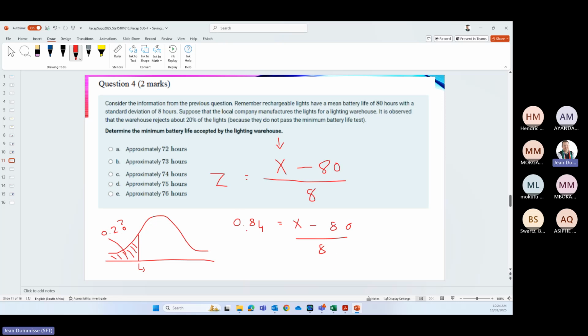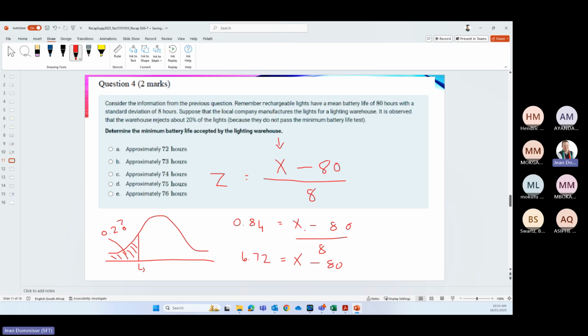We need to multiply that out by 8, so 0.84 times 8 is 6.72, equal to x minus 80. That 80 goes over.